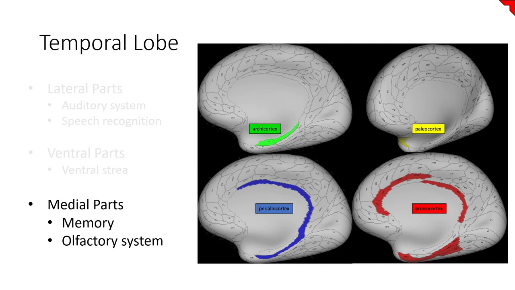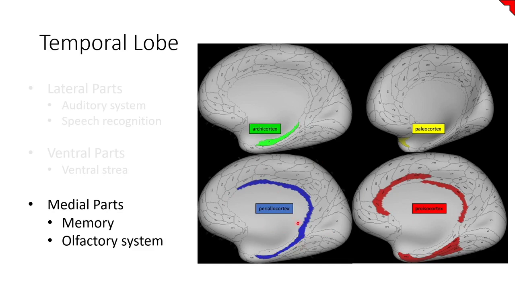And here we can see the different types of allocortices, which are defined as being different from the neocortex that we see in all other cortical parts with its typical 6-layered structure.